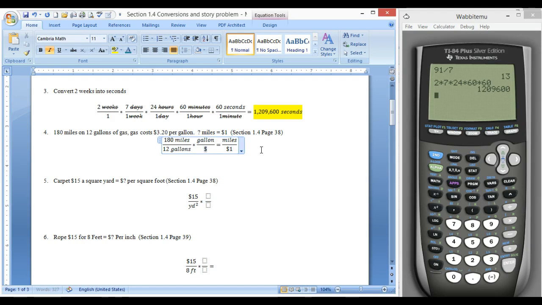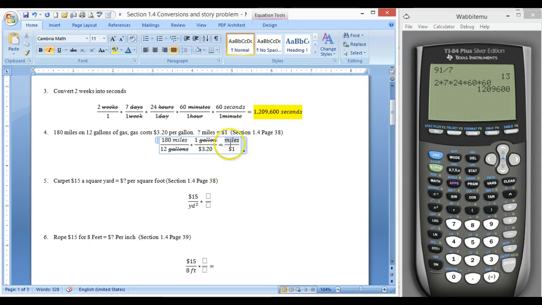That is my next conversion. 1 gallon is $3.20. Now I have gallon on the top. I'm going to strike it out, cross the top and the bottom, and I am left with units. I have miles on the top, nothing's canceled out there. I have dollars on the bottom, and that's what I wanted.